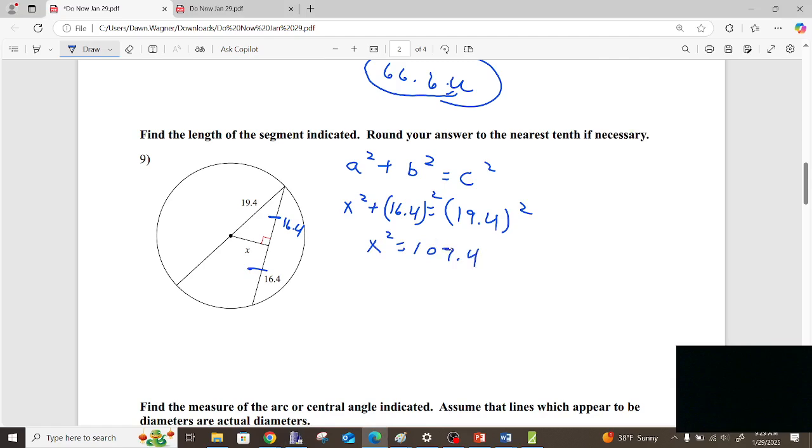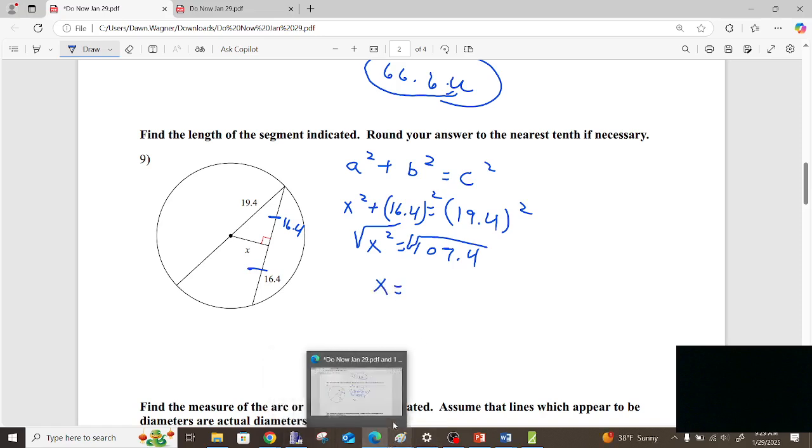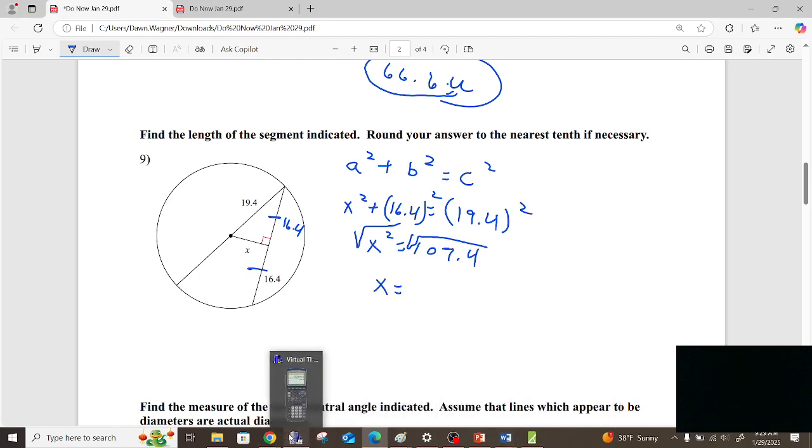Am I done? Good job. I've trained y'all well. What's my last step? Take the square root. You don't know how many students forget to do that. And I cry when I grade those tests and they forget to take the square root. Yeah, thank you. So that's 10.4. Again, no units, so I put a U.